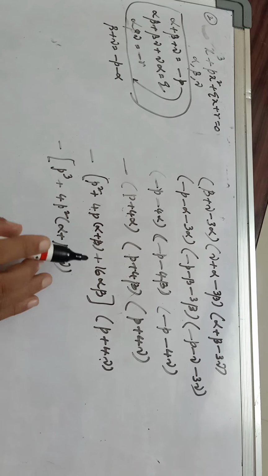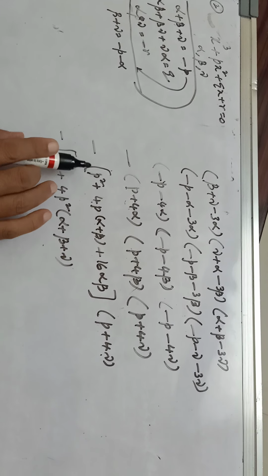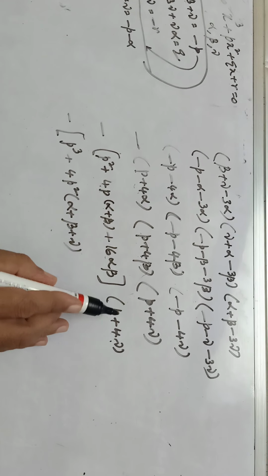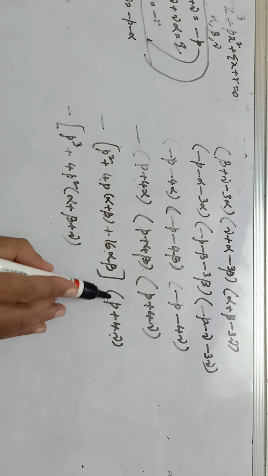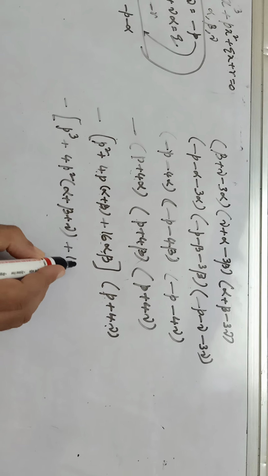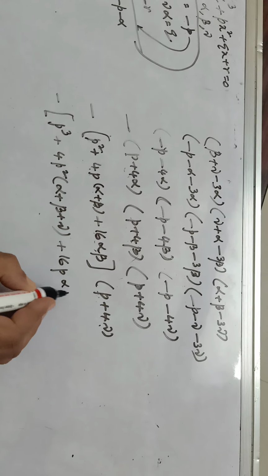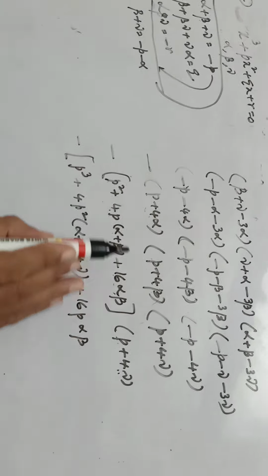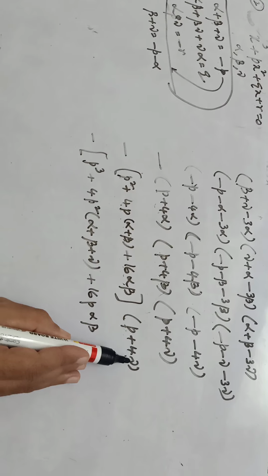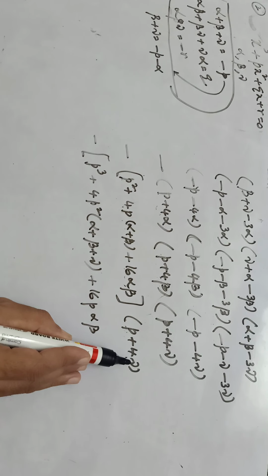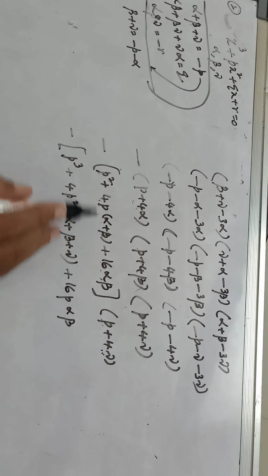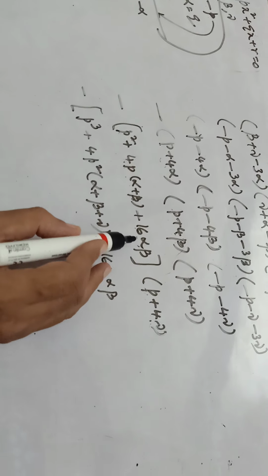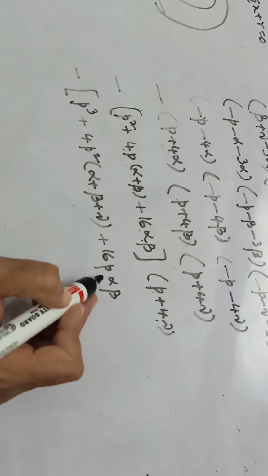I think you are following. Now we multiplied this with this and this also with this. Now you multiply this with this, 16p alpha beta. Now multiply this with this, it is already over. Multiplication of this and this is also over. The product of these two is this.